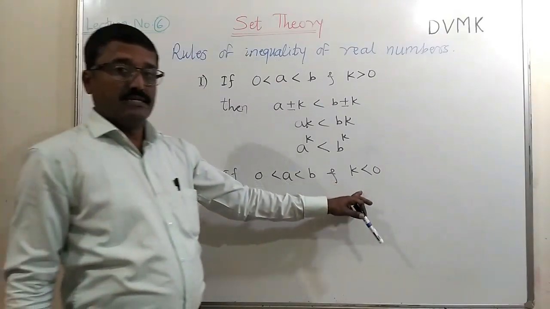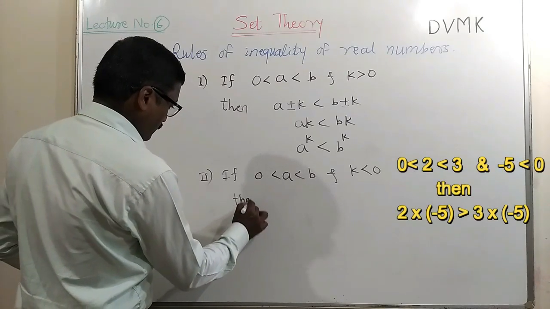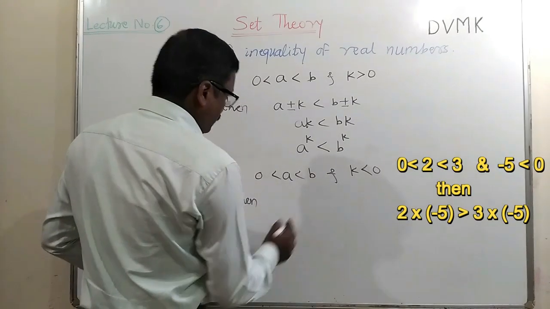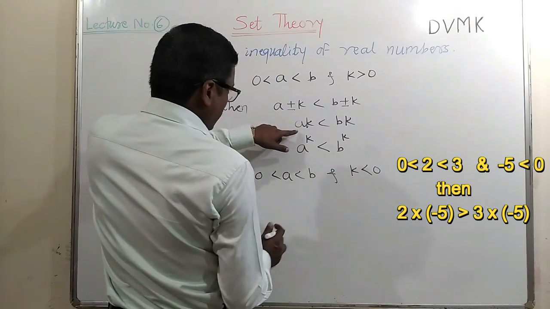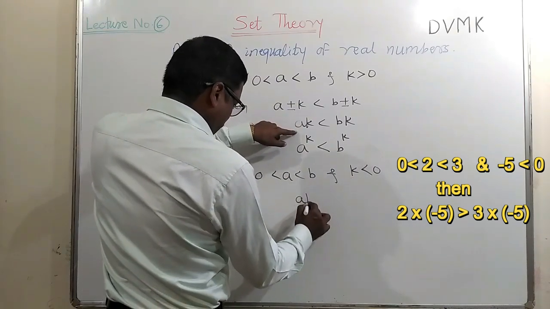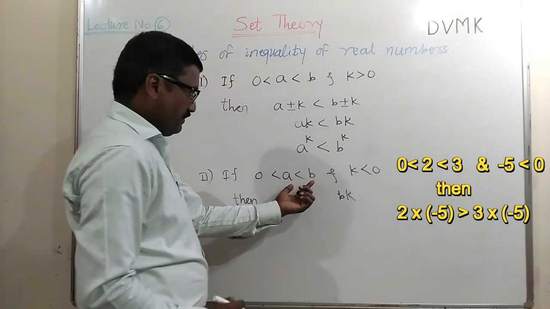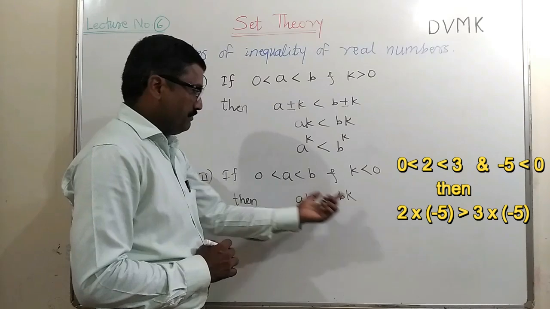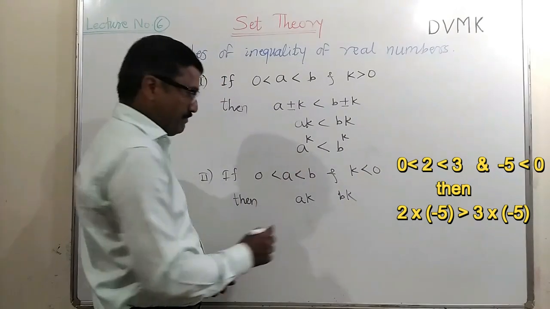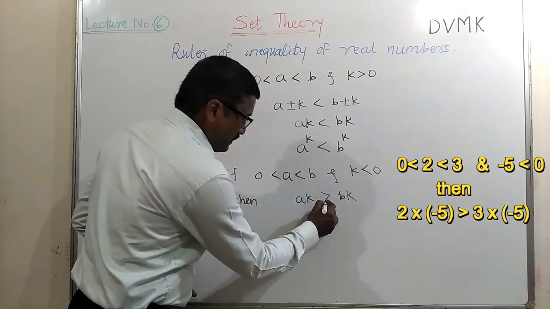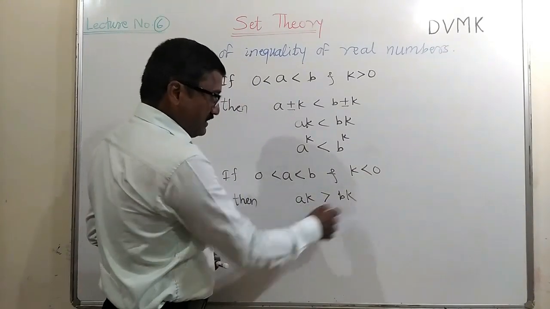If this K is negative, then multiplication AK and BK, if we multiply both these numbers A and B by K, then if the inequality is of less than type, it will get converted into greater than type inequality, because K is negative.